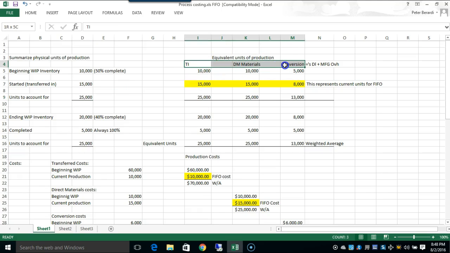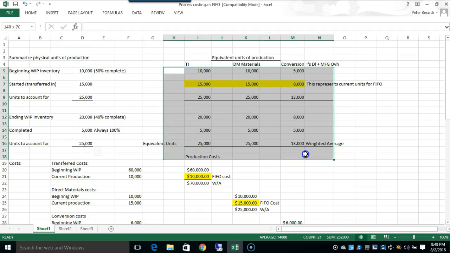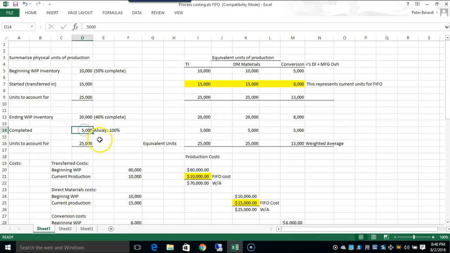Create a grid or matrix. Put your transferred in column, direct materials, and conversion costs. Then spread these out to this section. Start with completed. Completed is always going to get 100% no matter what column you're in. Transferred in, materials, conversion costs, 100% completed.